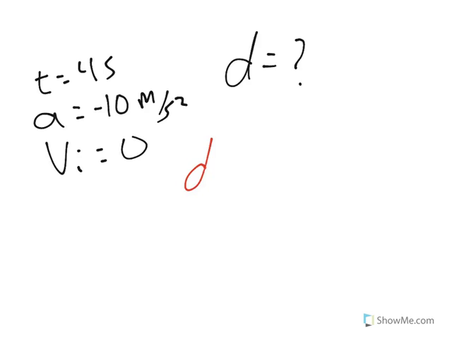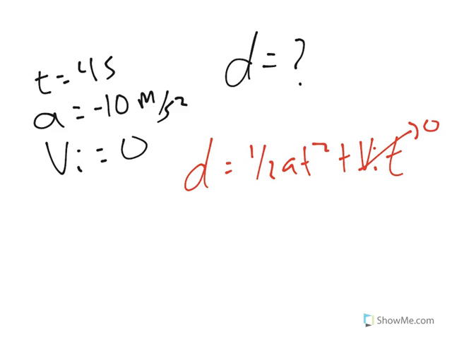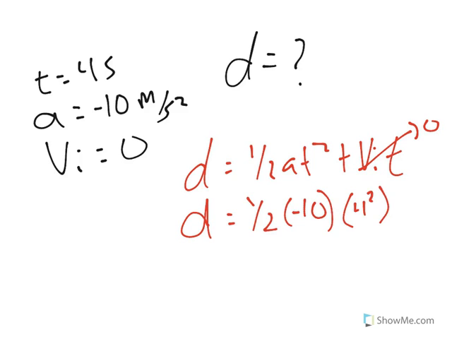So I'm going to use d is equal to 1/2 at squared plus vit to solve this. Initial velocity is 0, so that goes away. So I'm left with d is equal to 1/2 times negative 10 times 4 squared, and I should get d is equal to negative 80.